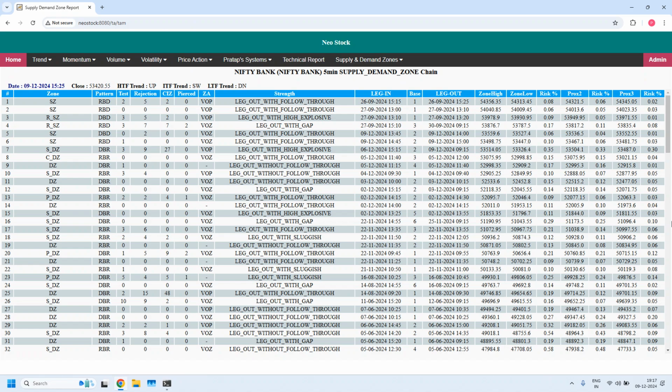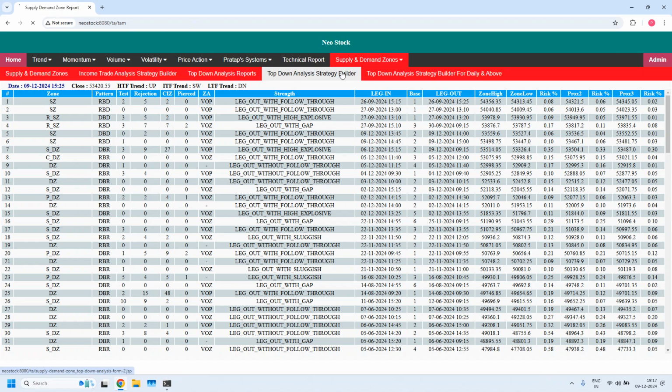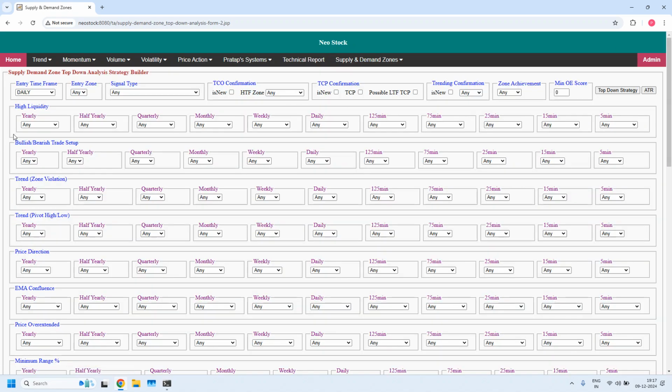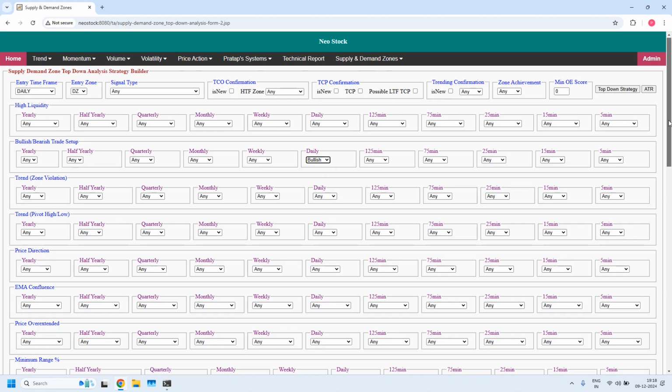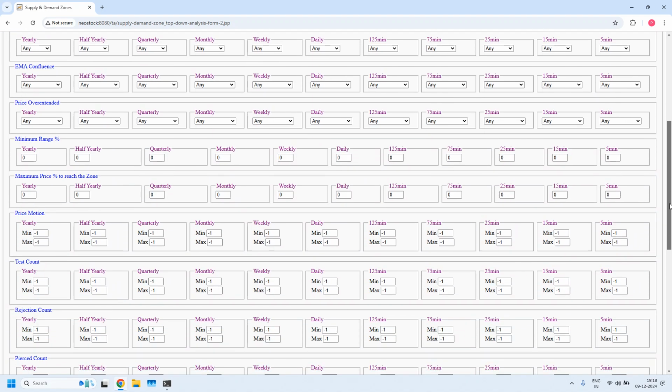The next set of reports are about bullish and bearish trade setups for monthly, weekly and daily income trades. First, let us generate monthly income trade bullish trade setup, entry time frame daily, entry zone demand zone, bullish or bearish trade setup, selecting bullish, and this daily demand zone should not be pierced.